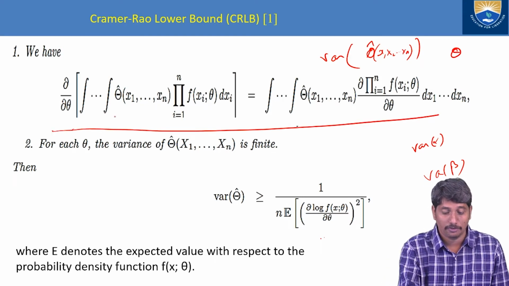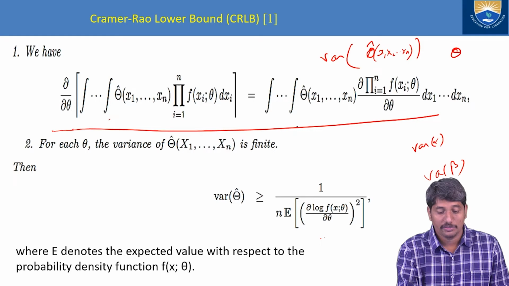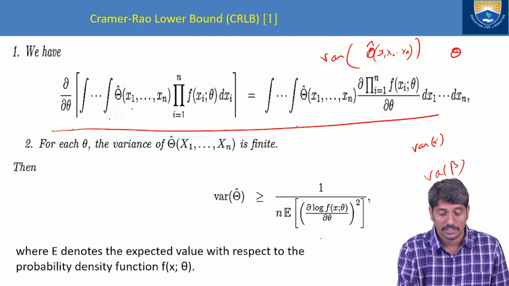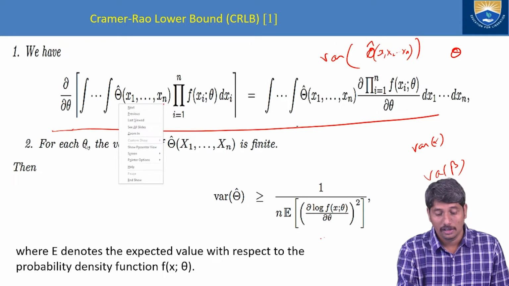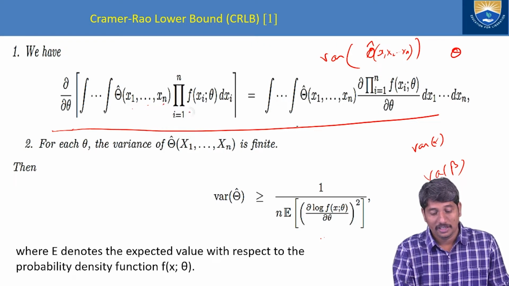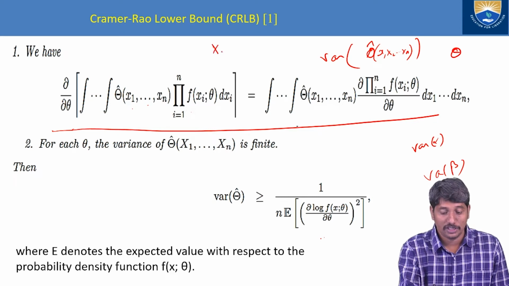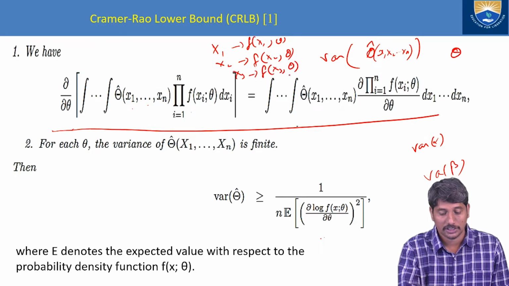The partial derivative of the n-fold integral of the function phi of x1, x2, so on, xn, multiplied with the individual and independent density functions. That means x1 will have a density function f of x1 comma theta, x2 will have f of x2 comma theta, and x3 will have f of x3 comma theta.